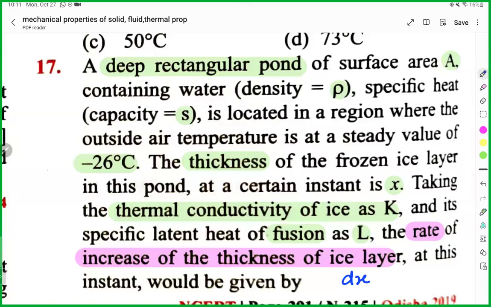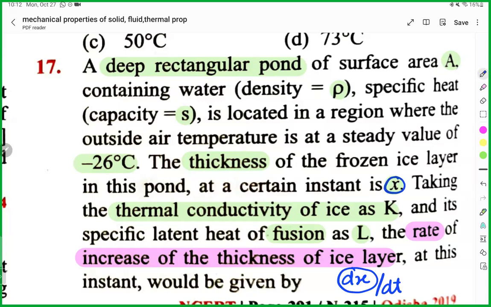Okay. Initial thickness was x. Now thickness is changing. You have to calculate what is the rate of thickness, dx by dt. What is the length changing with time? Rate always means with respect to time. Got it?